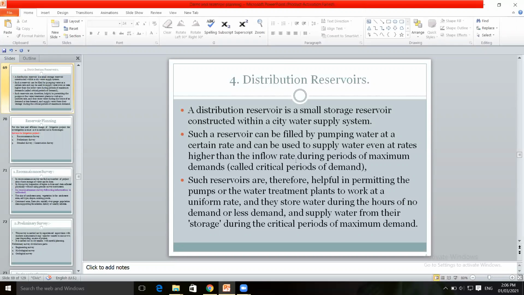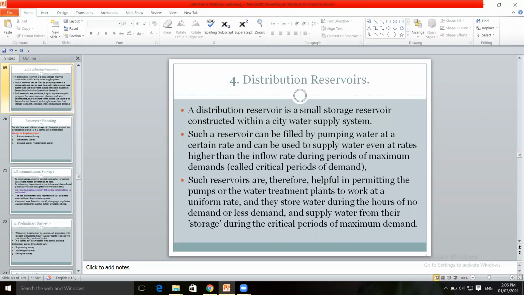Similarly, the distribution reservoir is helpful in permitting the pumps or water treatment plants or water distribution system to work at uniform rate. So with uniform flow, the water is distributed to a particular city or town.